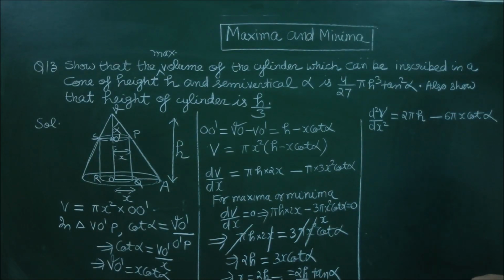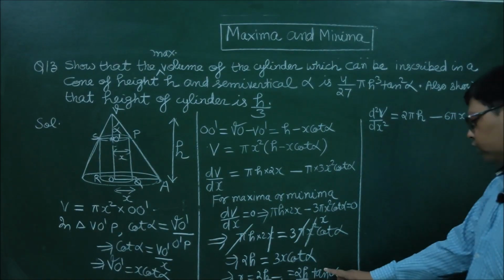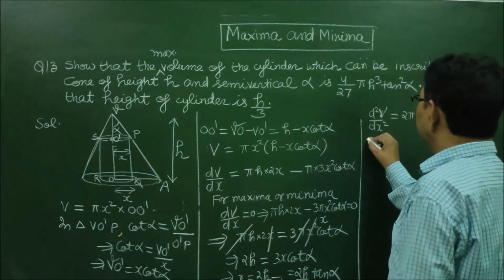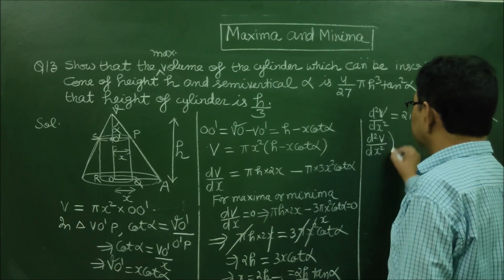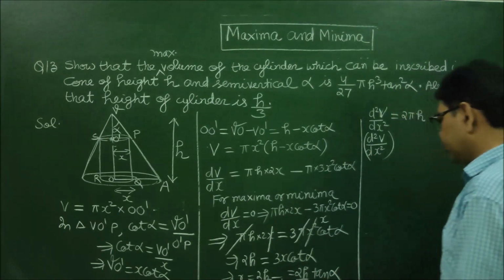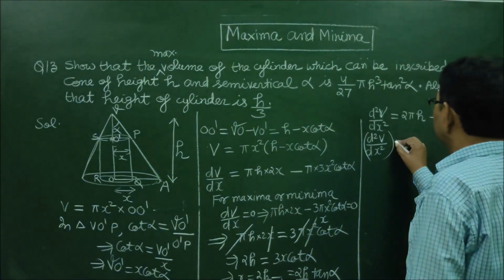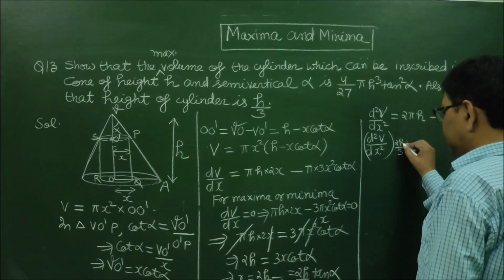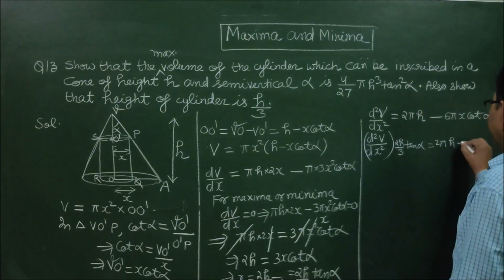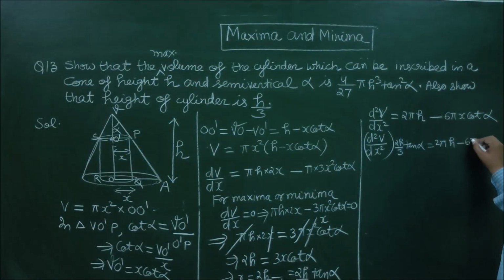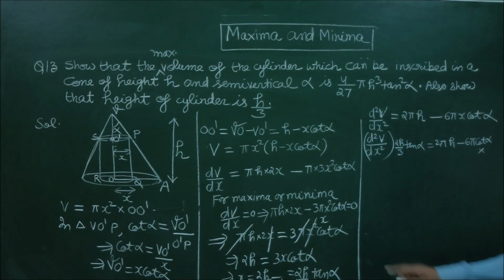Now putting x equal to 2h by 3 tan alpha, d square V over dx square is 2 pi h minus 6 pi cot alpha into 2h upon 3 tan alpha.